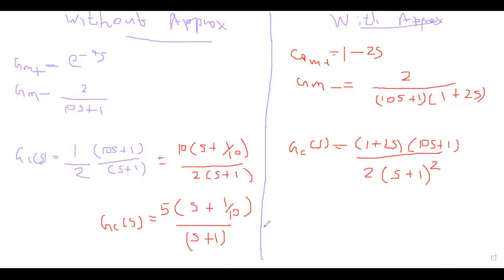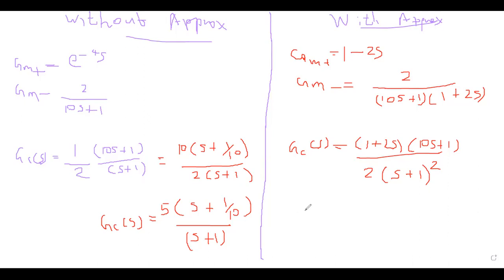Now here you can see there's a 2 here, there's a 10 here. So now this is also trouble, to have all these things. So what you can do is take 10 out of here also.